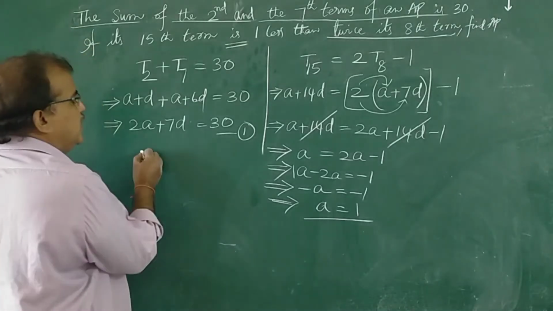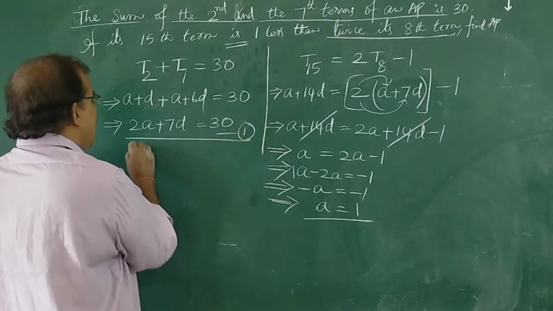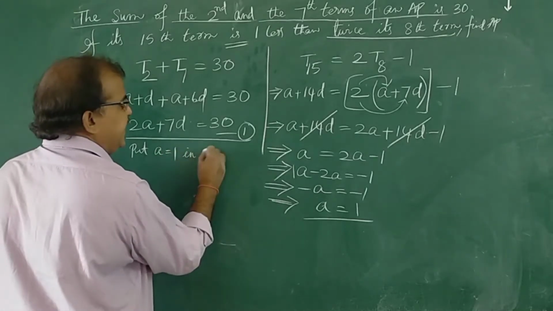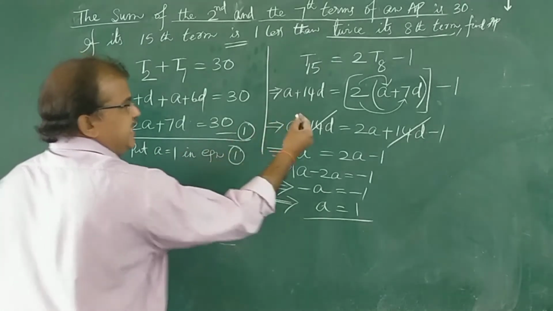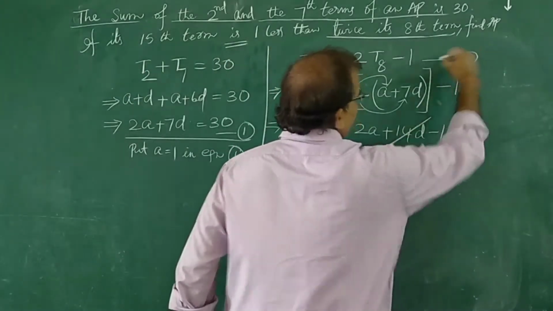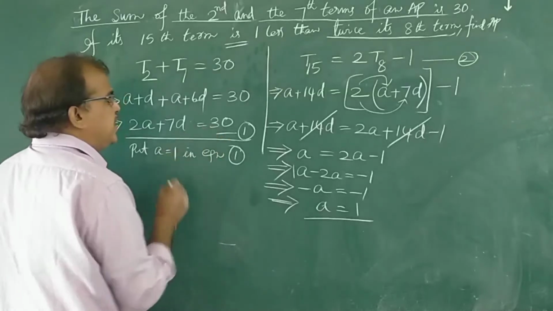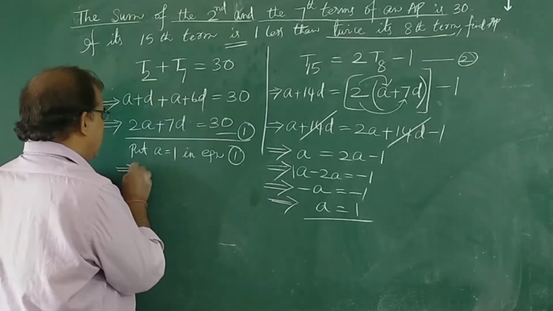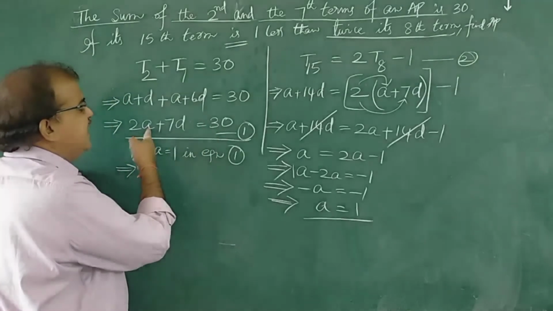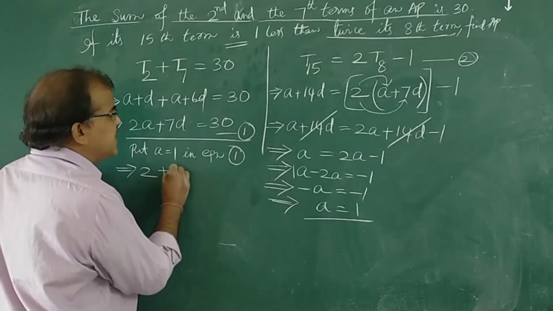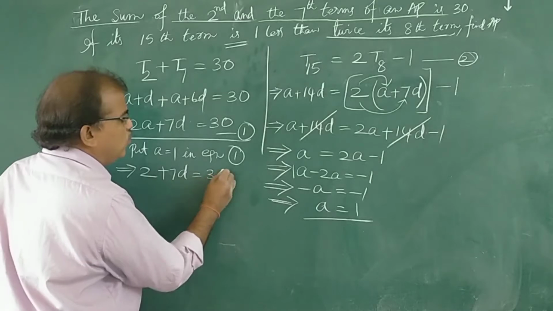Now put a is equal to 1 in equation 1. This is equation 2, and this is equation 1. So 2 into a, that is 2 into 1, 2 plus 7d is equal to 30.